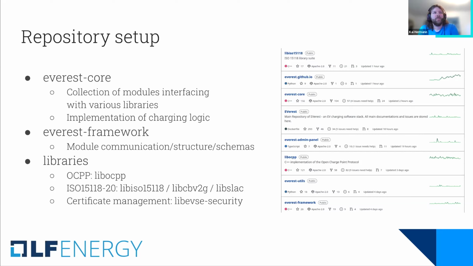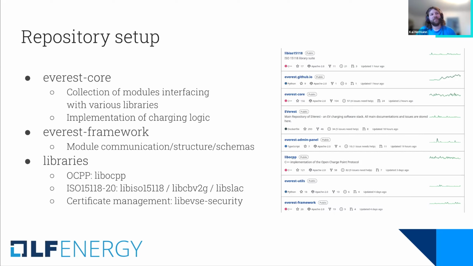We then have also multiple different libraries that the modules make use of. For OCPP, we have developed a library that we creatively called libOCPP. And this has implementations for OCPP 1.6, 2.0.1, and 2.1 in it, and is then deeply integrated in these OCPP modules I already mentioned.